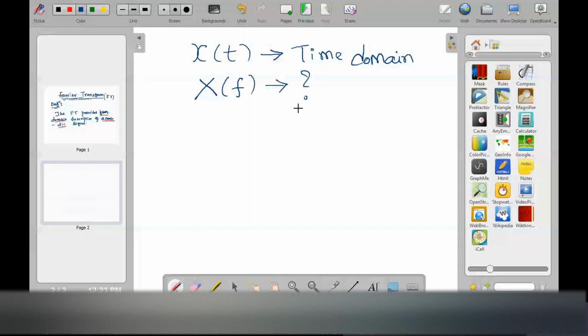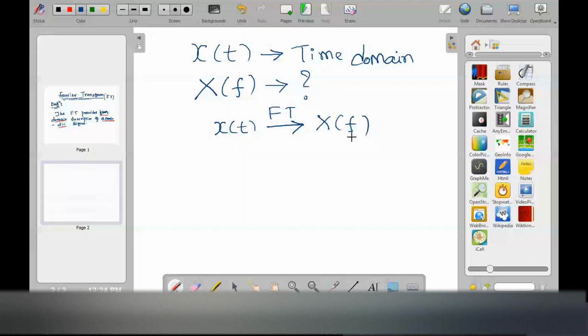In order to calculate the frequency domain of any aperiodic signal, we will use the Fourier transform. That means if I take x of t and calculate its Fourier transform, that is FT, I will get x of f. So x of t is in time domain, x of f is in frequency domain.